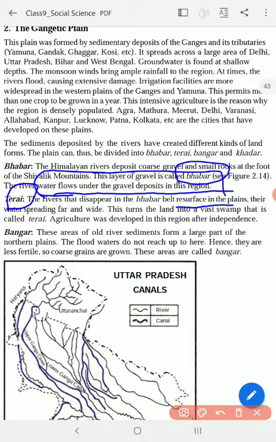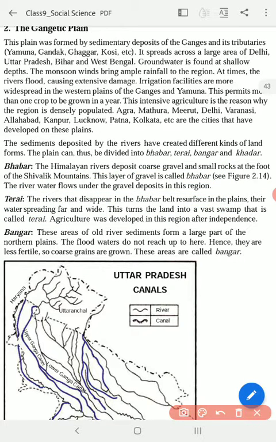Here the water spreads far and wide, which turns the land into a large swamp, a place which is always wet. Therefore this place is more fertile since the land is always wet, and it is ready for agriculture. At this Terai region agriculture is very prominent. Agriculture was developed in this region after independence.